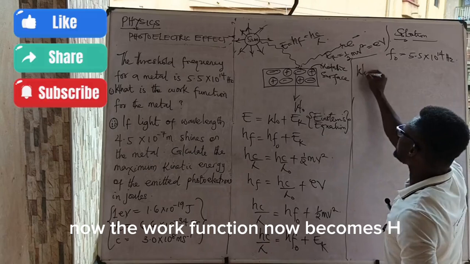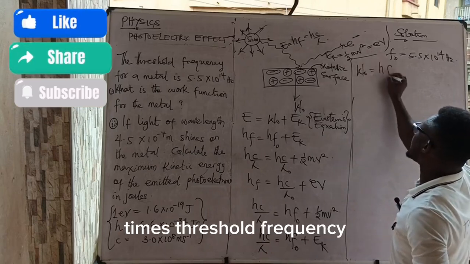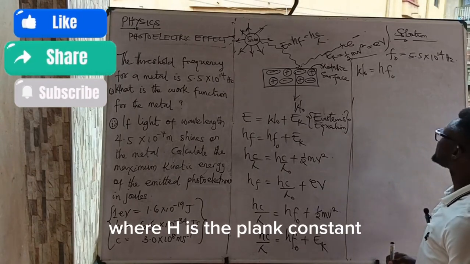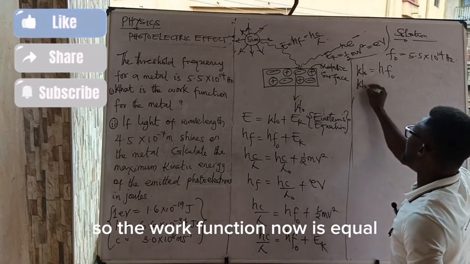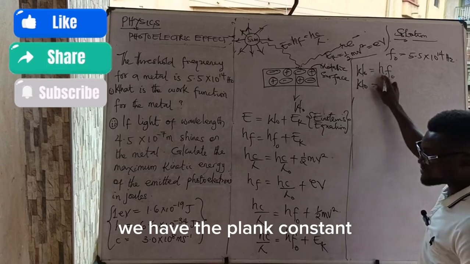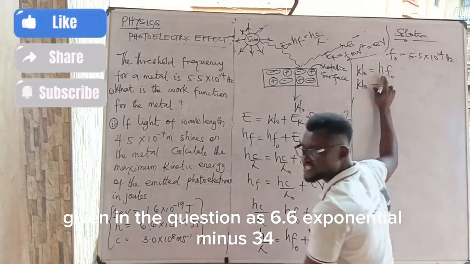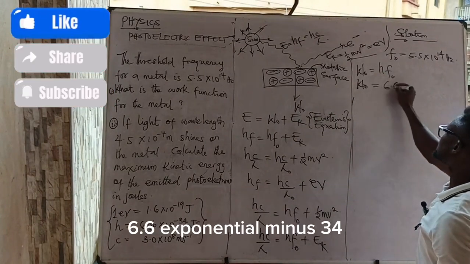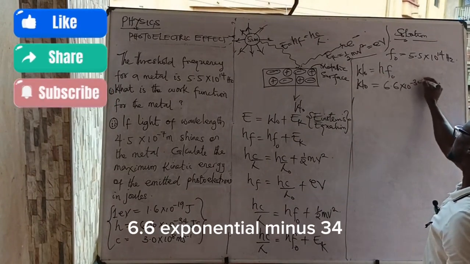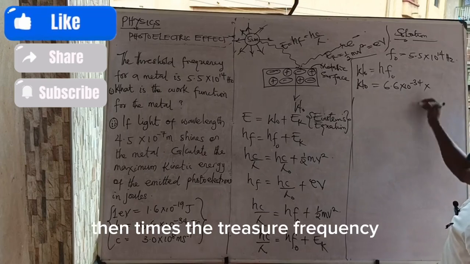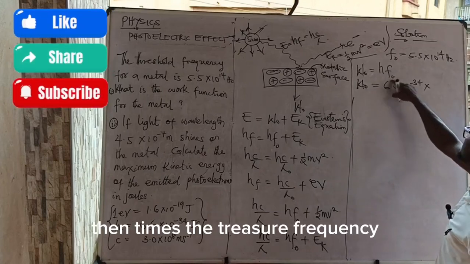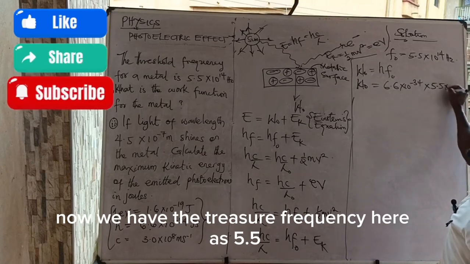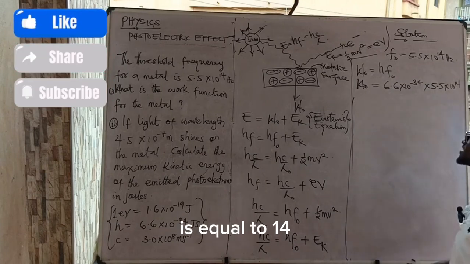The work function becomes h times the threshold frequency, where h is the Planck constant. The Planck constant is given in the question as 6.6 × 10^-34, times the threshold frequency, 5.5 × 10^14.